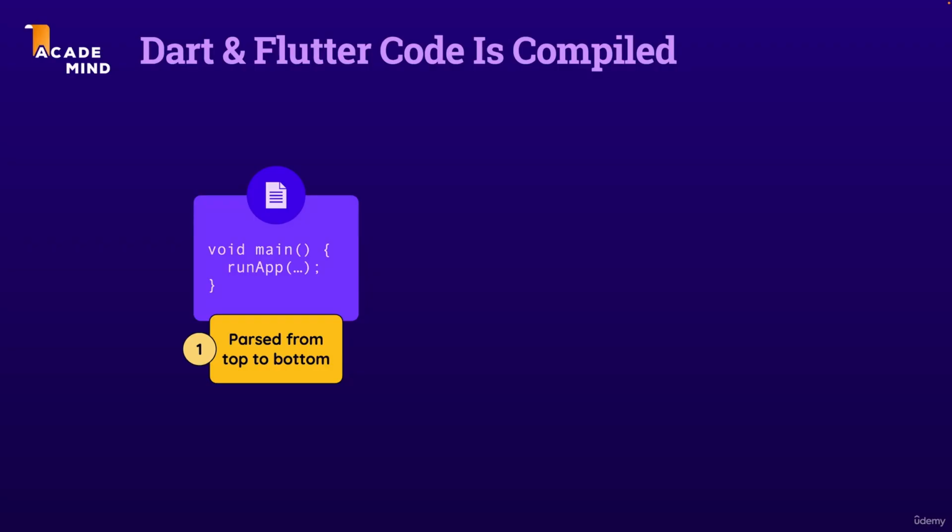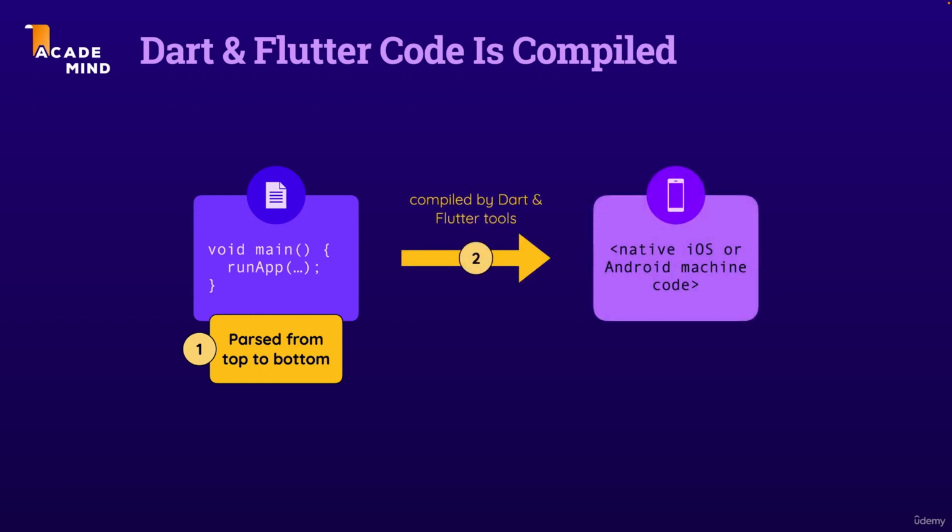Therefore, as a next step, after parsing, the code is compiled by various Dart and Flutter tools, which simply means it's translated into some other code, some native iOS or Android machine code, so some code that is understood by iOS or Android or whichever target platform you are targeting.